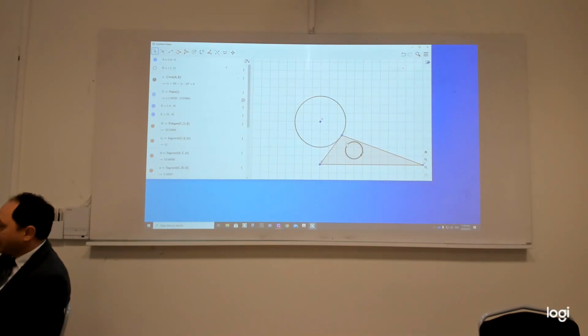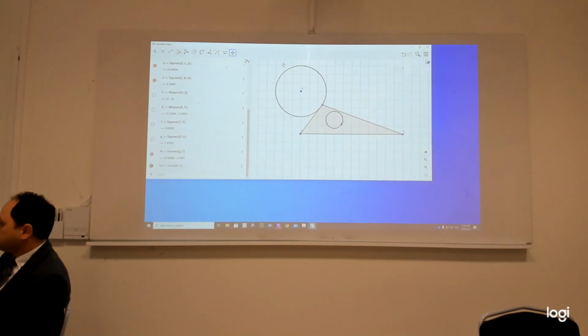And if I claim that the locus is a circle, I have to specify the center of this circle, and I have to specify the radius of the circle. Is that clear? Okay, but something very interesting I noticed when I was checking, so you can learn a lot with GeoGebra.